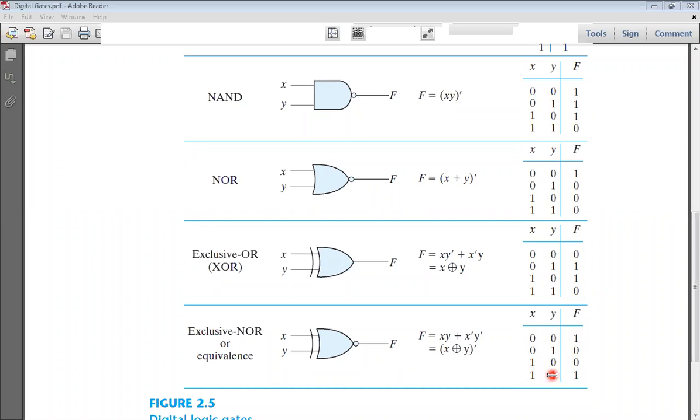When both inputs are the same, either 0 0 or 1 1, the output is 1. If inputs are opposite, then the output is 0.